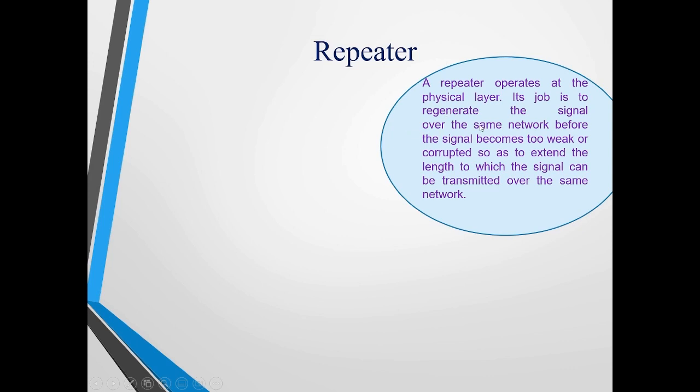That means the function of this repeater is to regenerate the signal over the same network before the signal becomes too weak or corrupted, so as to extend the length to which the signal can be transmitted over the same network. What we could say about the repeater is that it accepts the weak signals.